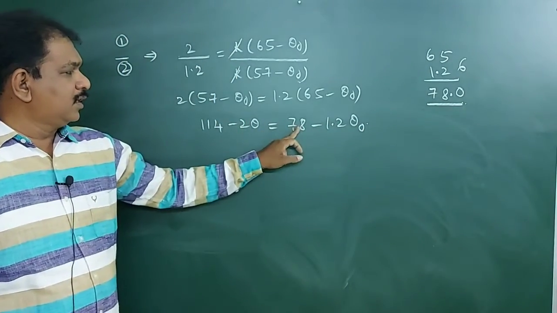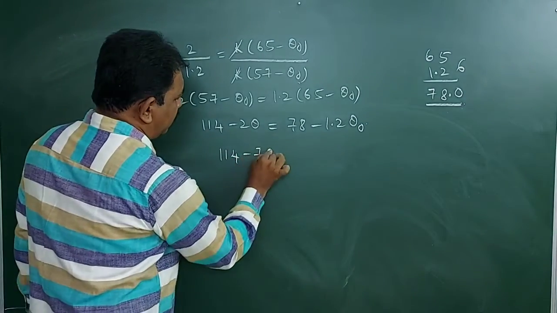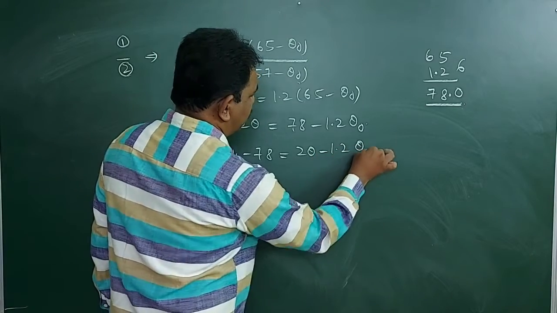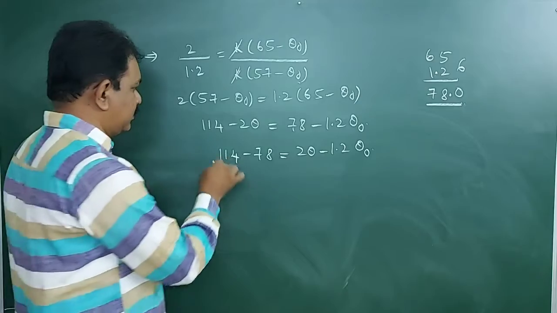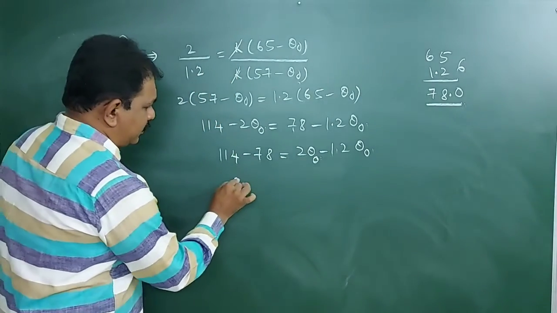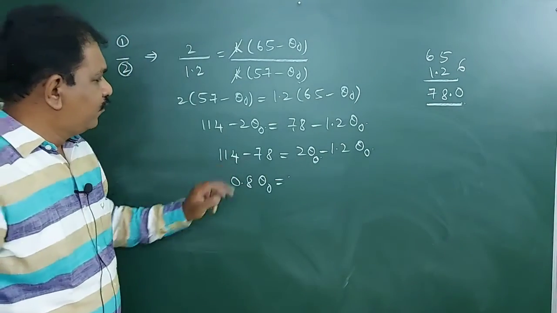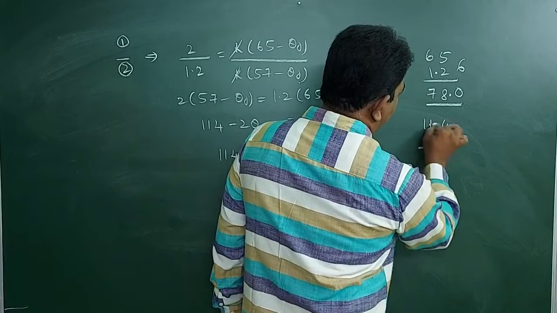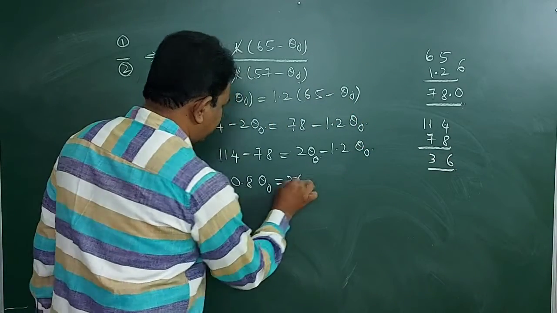Bring the 2 theta naught to this side and the 78 to the other side. 114 minus 78 equals 2 theta naught minus 1.2 theta naught, that is 0.8 theta naught. 114 minus 78 is 36.